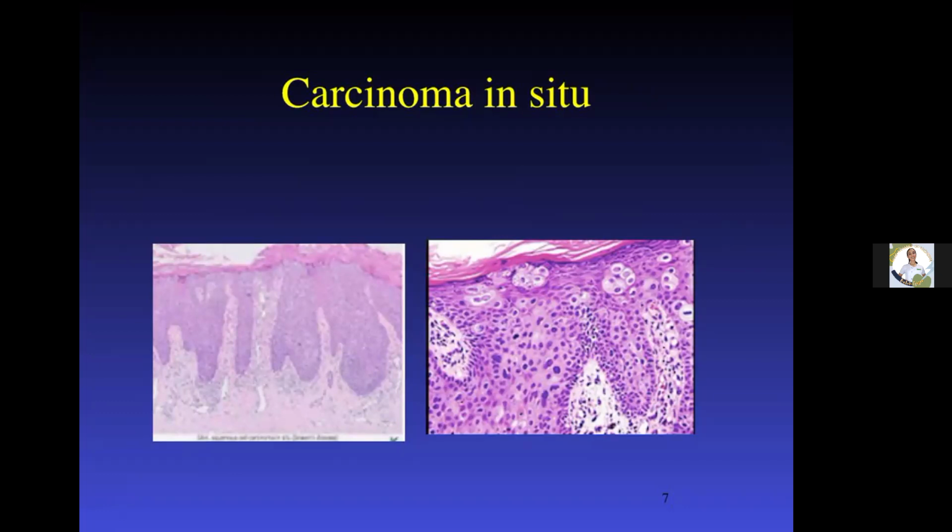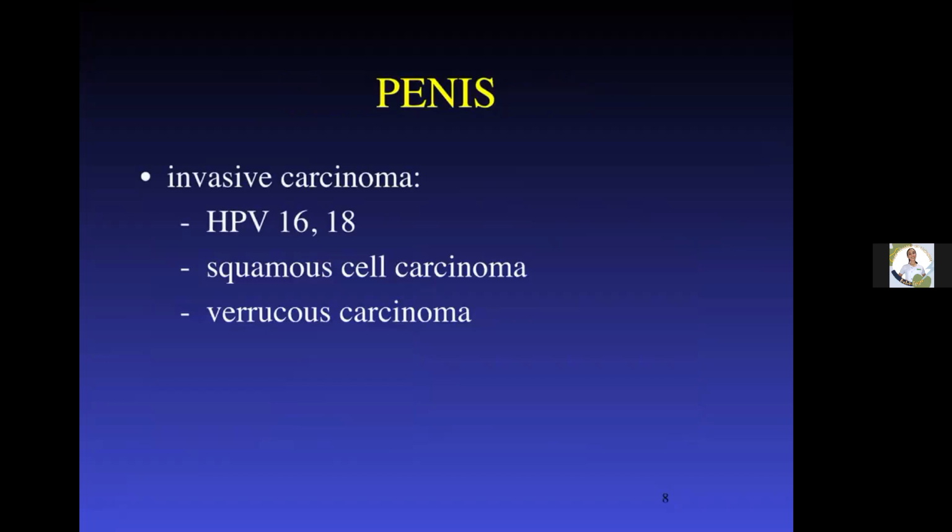But the neoplastic cells are within the lining epithelium. It does not invade the stroma yet, as you can see in the other slide, the higher magnification, wherein the basement membrane is still intact. It does not invade into the surrounding stroma yet. That's why you call it the carcinoma in situ. If you have carcinoma in situ, of course, you can have an invasive carcinoma.